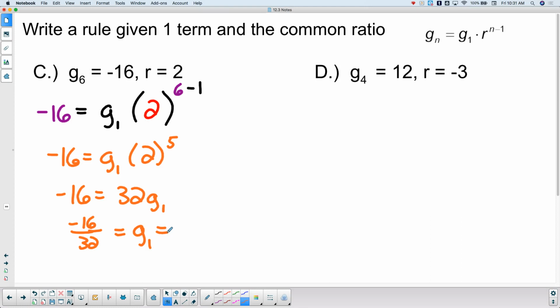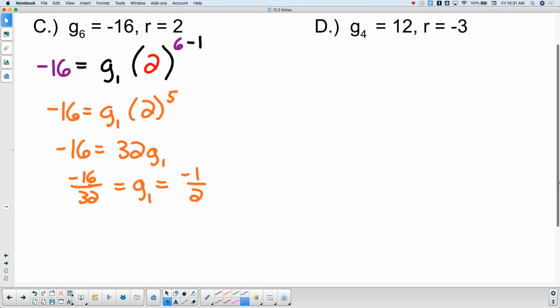What do I like instead? Negative 1/2. Yep. So now I can write my rule. G sub n is equal to negative 1/2 times 2 to the n minus 1 power.